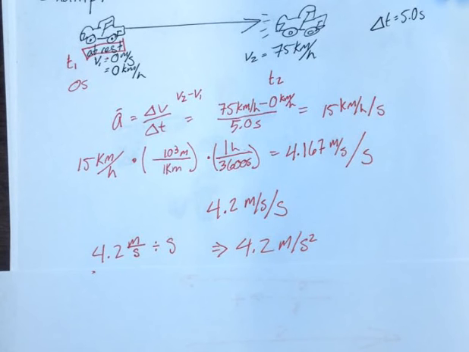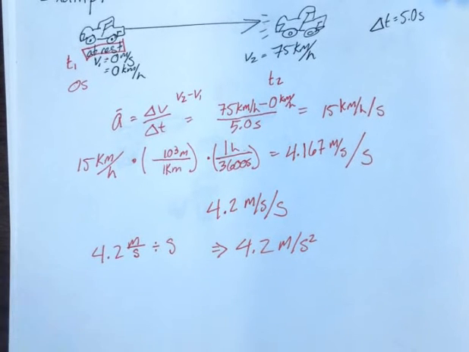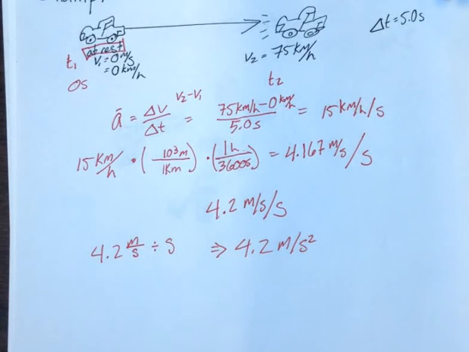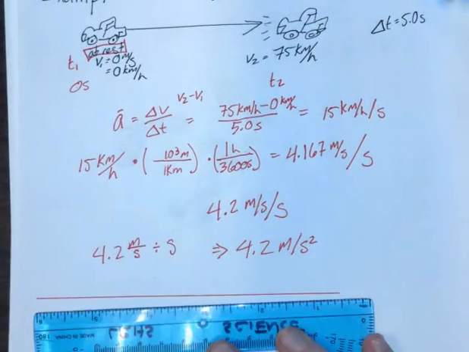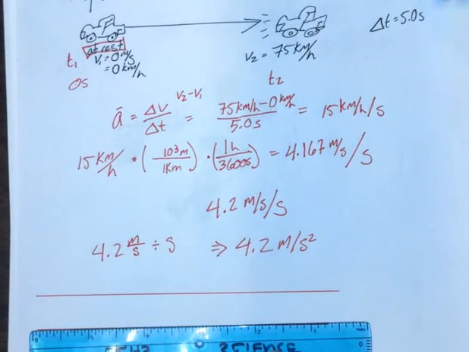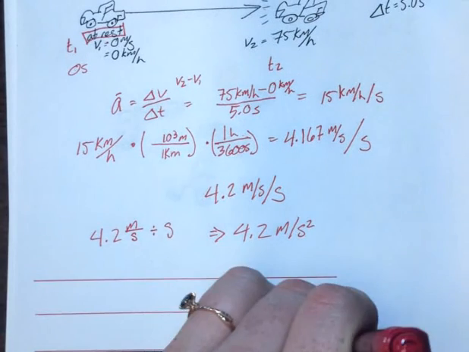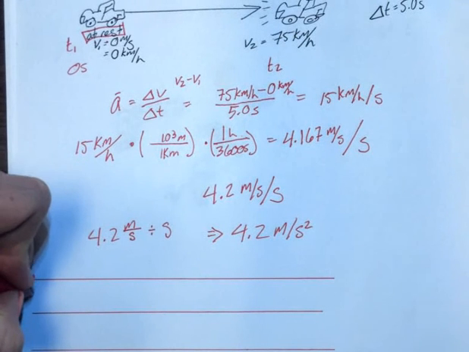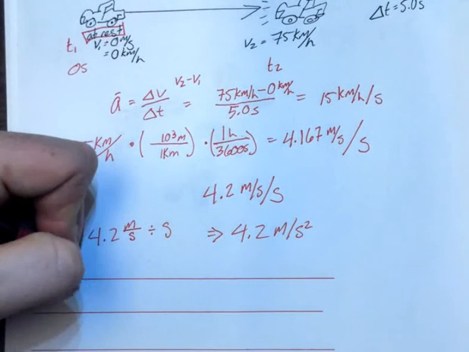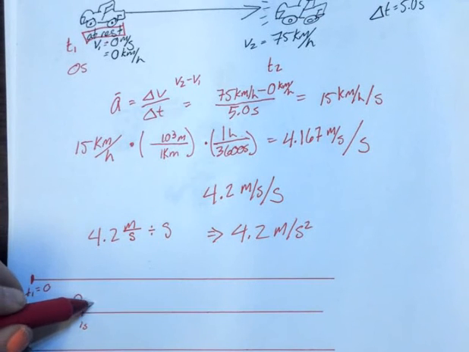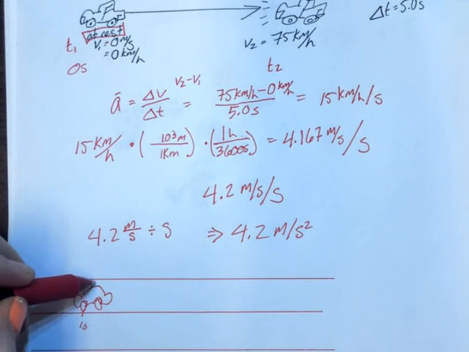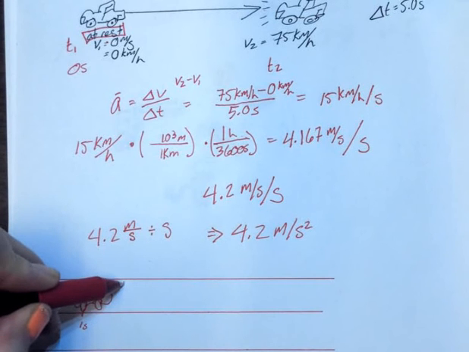So what we want to look at is what this means. It means that every single second, we'll come up with a situation where every second shows us a different value. So we could set t1 equals 0. At 1 second, our car's velocity is going to be 4.2 meters per second.